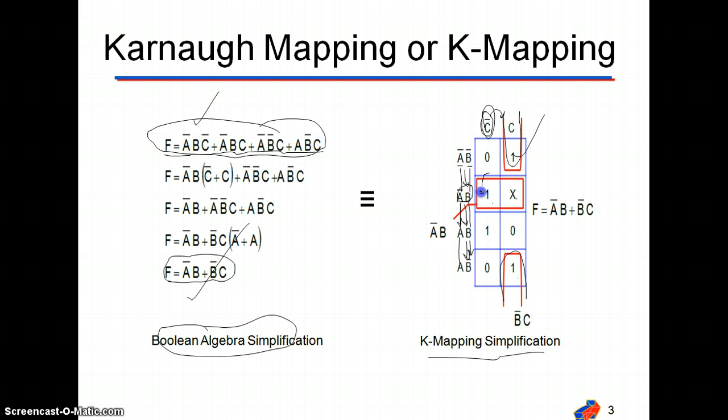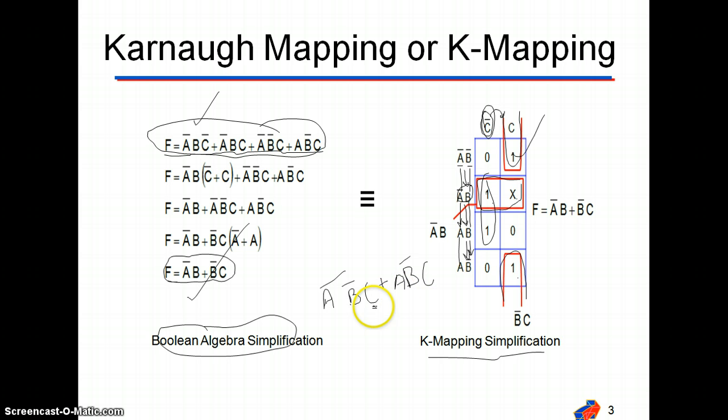Now we can make a pair of this as well, but if we make the pair of these 2 ones, the first one, what we get is a bar b bar c plus, that is or, a b bar c.